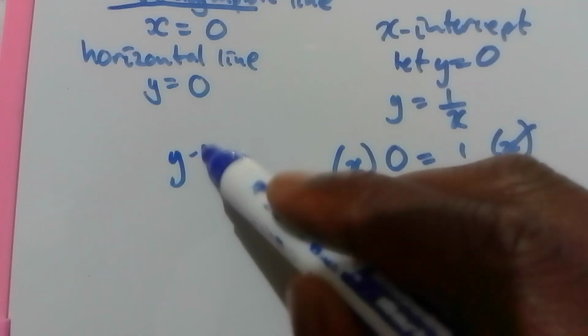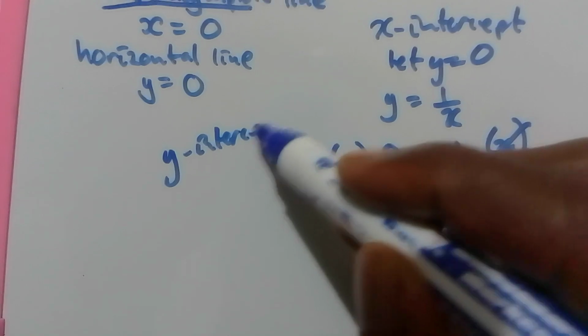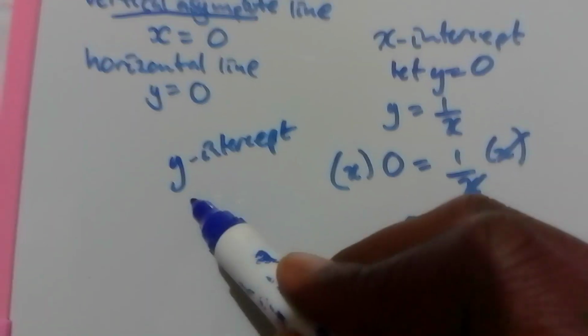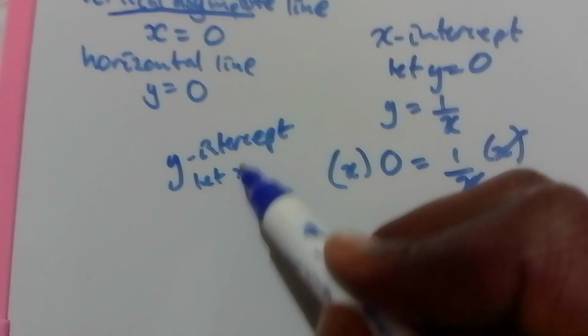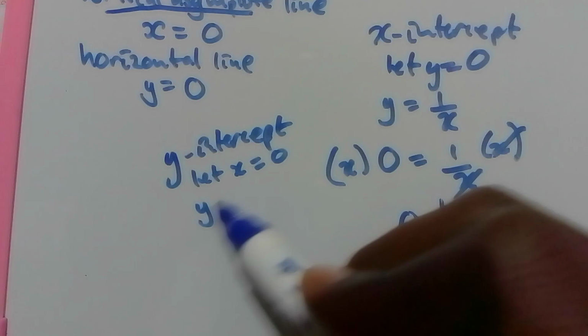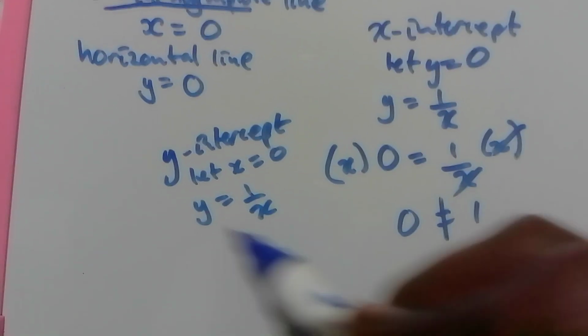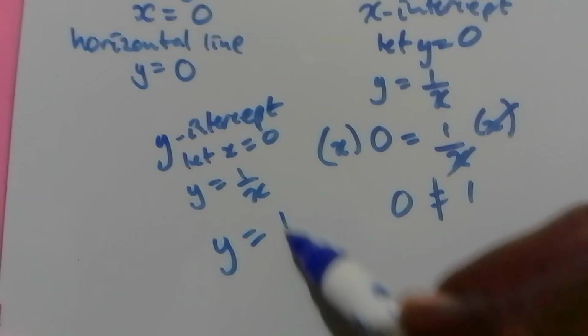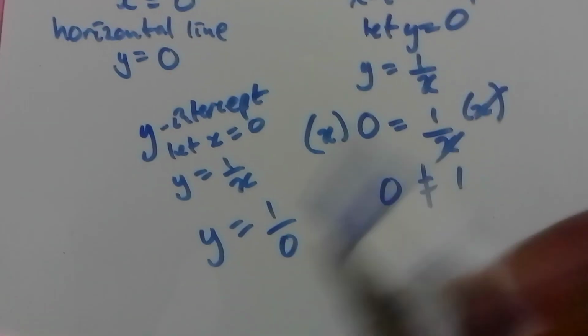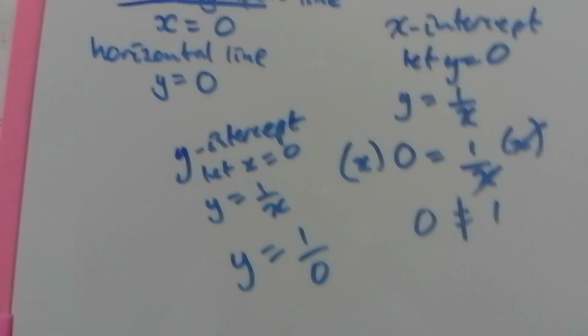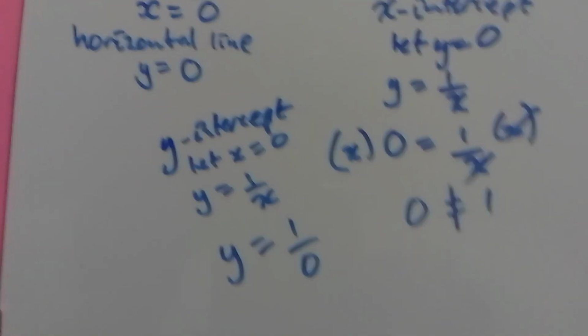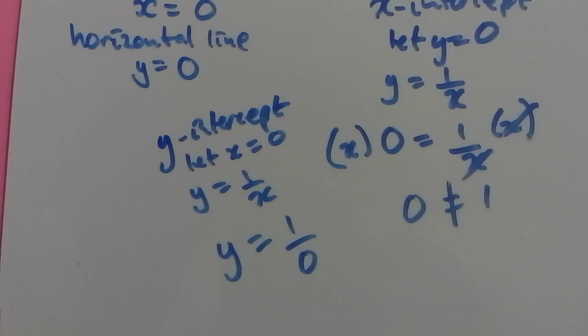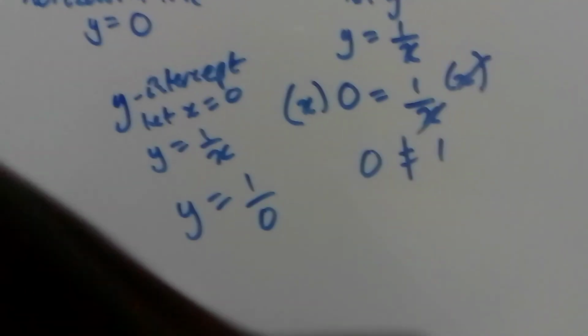x-intercept. And for the y-intercept, just to see the calculation, besides me speaking about it, let x equal 0. Our equation is y equals 1 over x, so y equals 1 over 0. Let's see what the calculator will tell us.